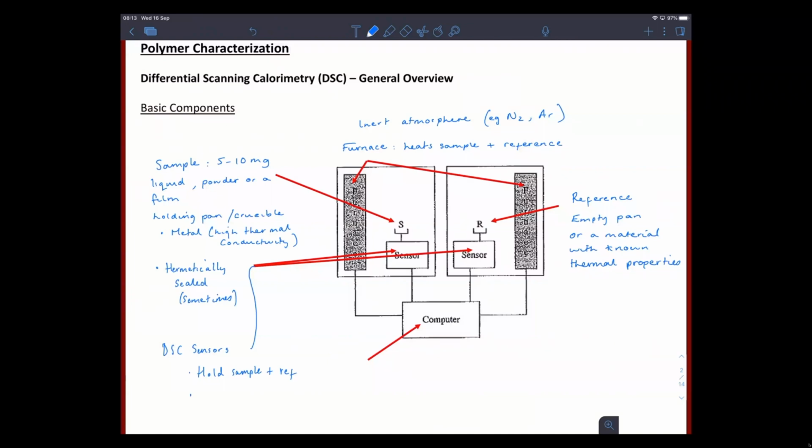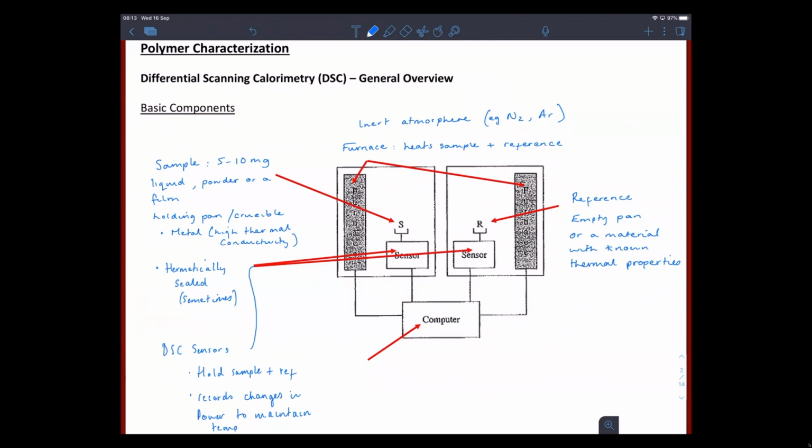So this actual example of a DSC here is a power compensated DSC. We'll come back to that a little bit later on.